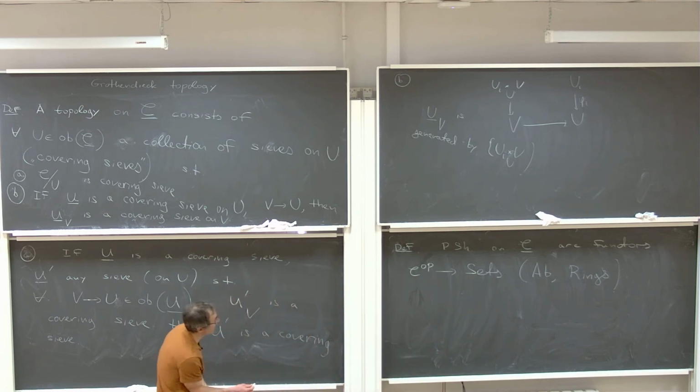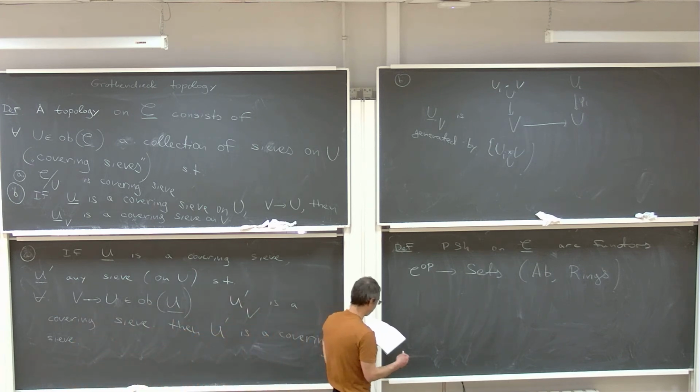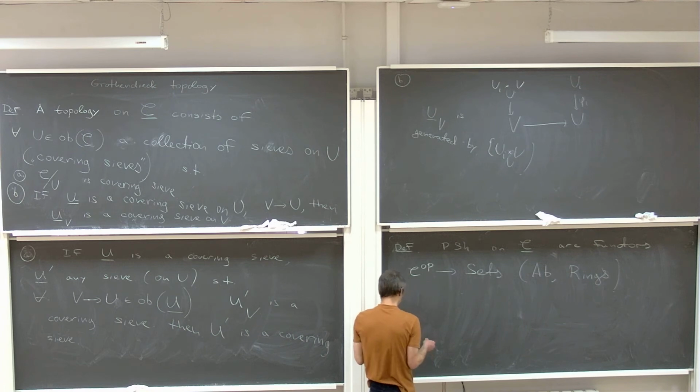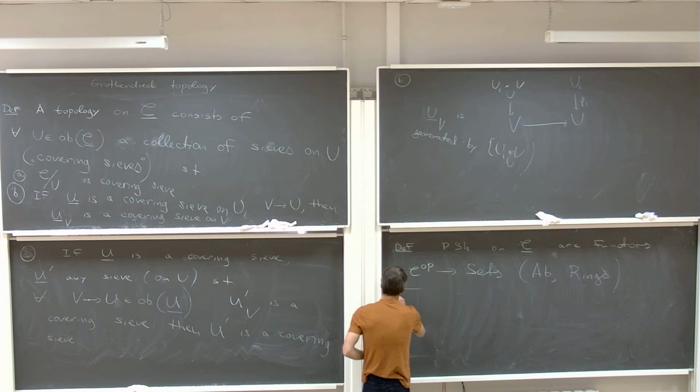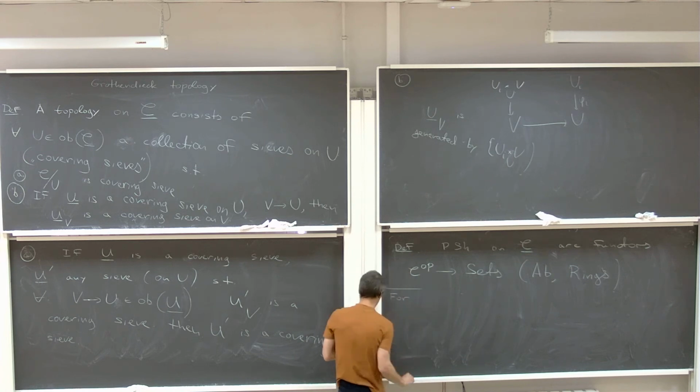So let's think about when we should call such a functor a sheaf. I will write it using a minimum of category theory. Let's introduce the following terminology.